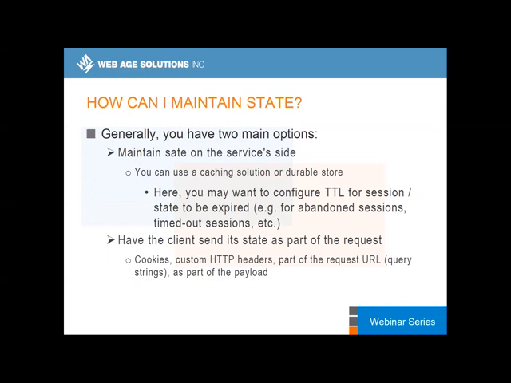How would the client let you know what state it is interested in? Usually, you would use some sort of custom HTTP headers, cookies, or part of the request. That will be part of the payload. And then you just extract that value, and that would be the key to the actual value.